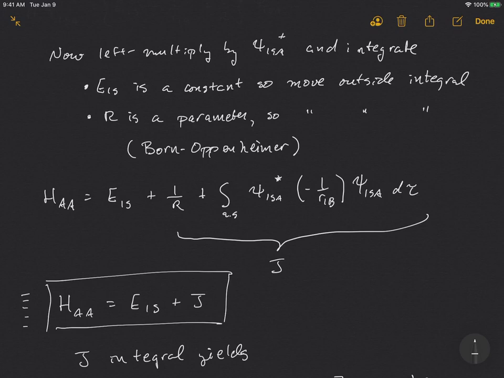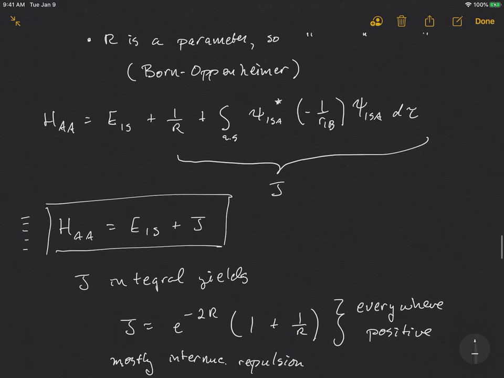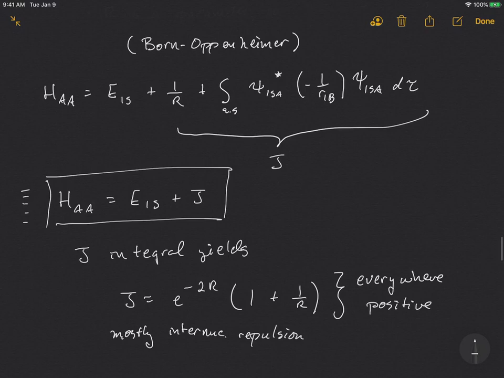And we are not going to work through the actual integral, but we will show you what the final result is. This integral can be evaluated and gives a simple analytical expression, and it's J equals e to the minus 2R times 1 plus 1 over R. And this J is everywhere positive.